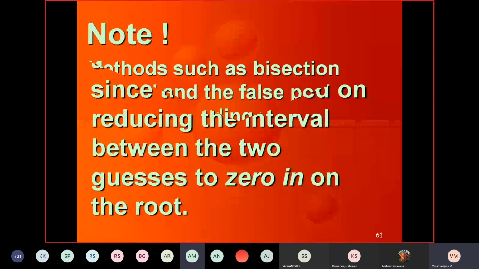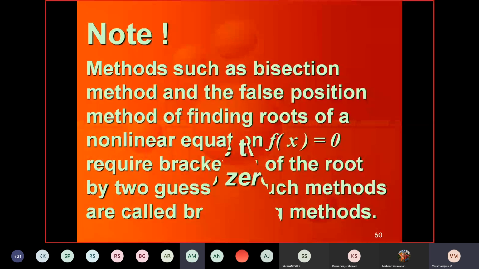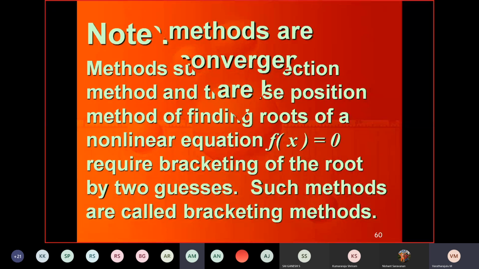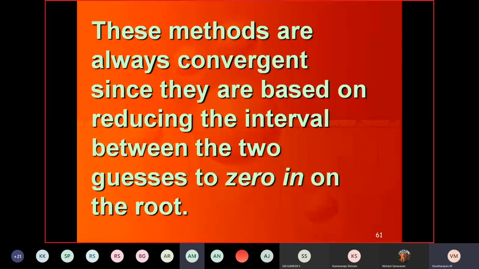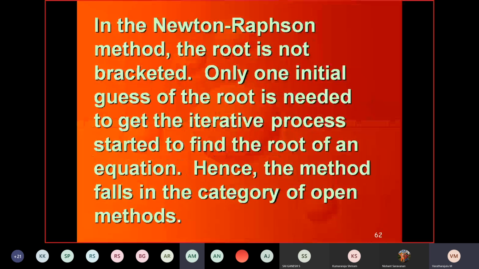And these methods are always convergent, since they are based on reducing the interval between the two guesses to zero in on the root. In the Newton-Raphson method, the root is not bracketed. Only one initial guess of the root is needed to get the iterative process started to find the root of an equation. Hence, the Newton-Raphson method is categorized as an open method.